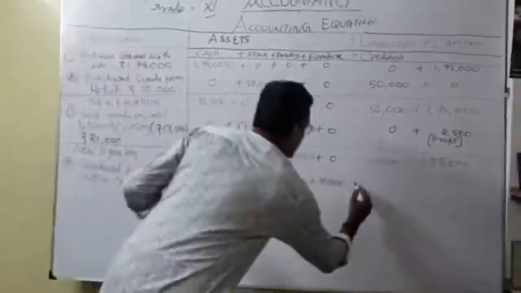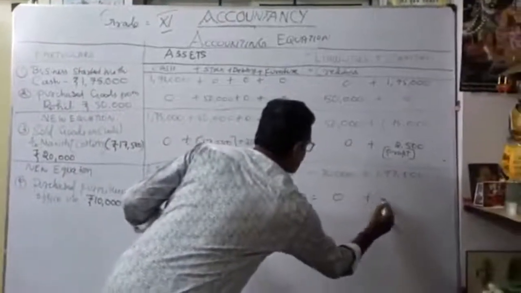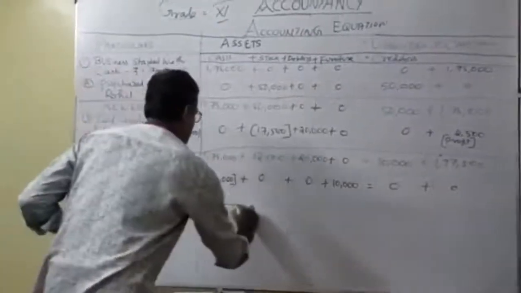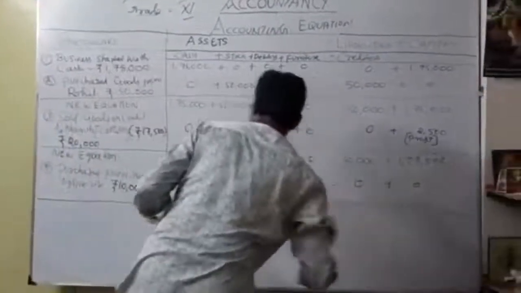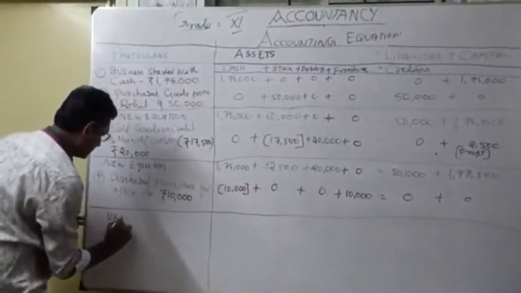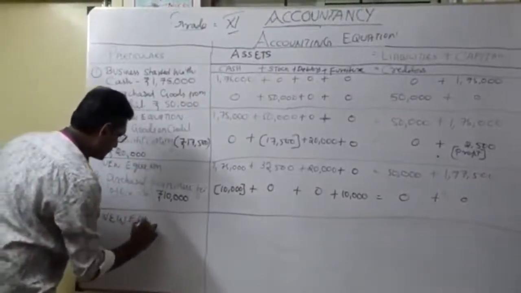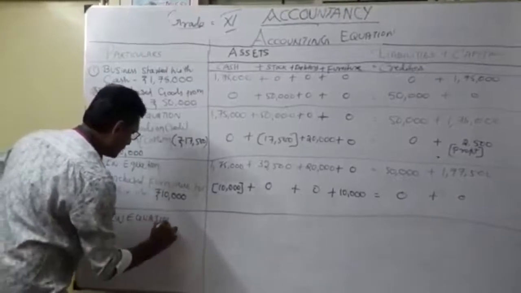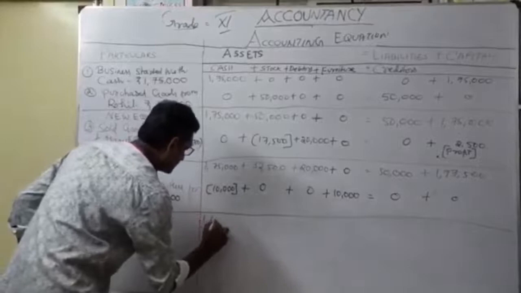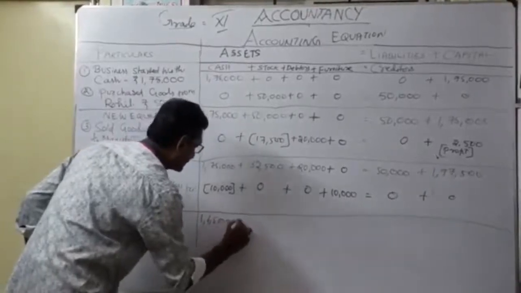So here also I put 0 plus 0. So this transaction is over. So I put a line. Okay. Then what is our new equation? How much? So my cash reduced, 1,65,000 here.